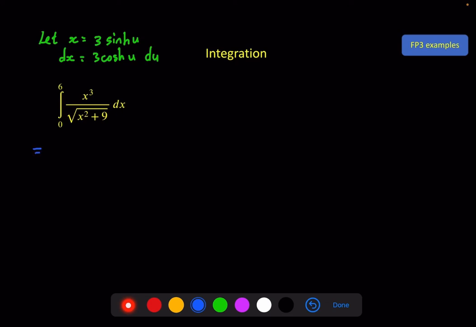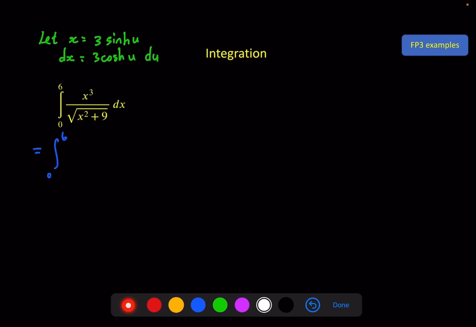So this then would become from 0 to 6, or actually it might also be a good idea to change those limits. Sometimes you can change back into x's at the end, but I don't think that's going to be a very easy thing to do here.